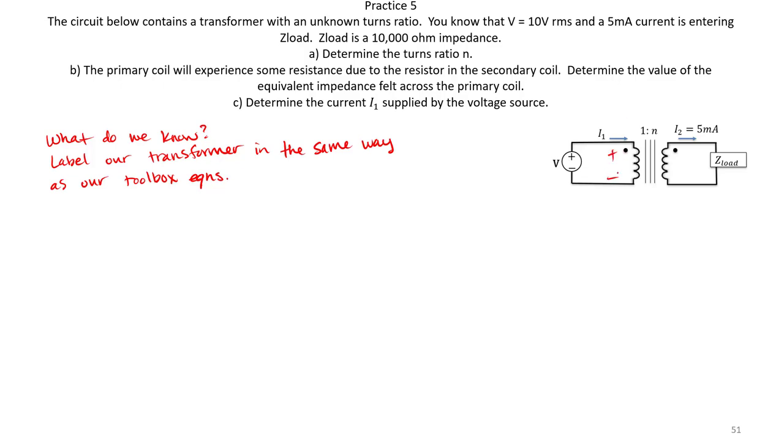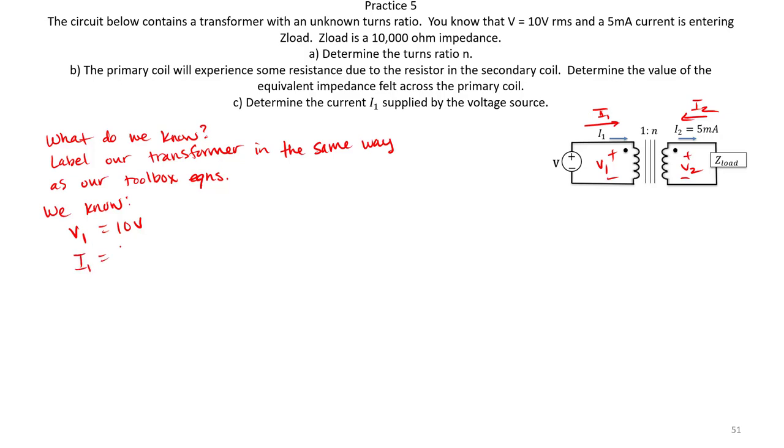That means we have our voltage V1, V2, and we have our current I2 and I1. So what do we know? In this case, we know that our voltage V1 is just 10 volts, because that's the only thing next to our voltage source.